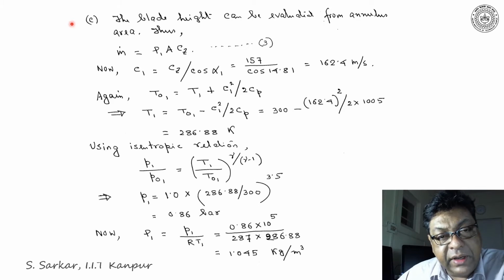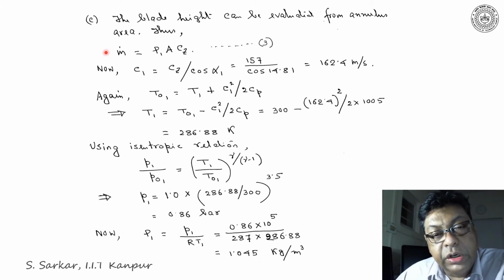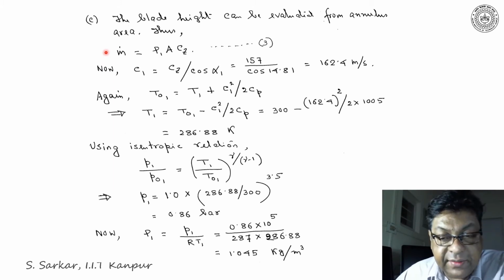The third question was to evaluate the blade height. Now I have written here that the blade height can be evaluated from the annulus area. Thus I have written here m dot, the mass flow rate through the compressor, is equal to rho 1 A into Cz. Cz is the axial velocity, A is the annulus area, and rho 1 is the density of air at inlet.